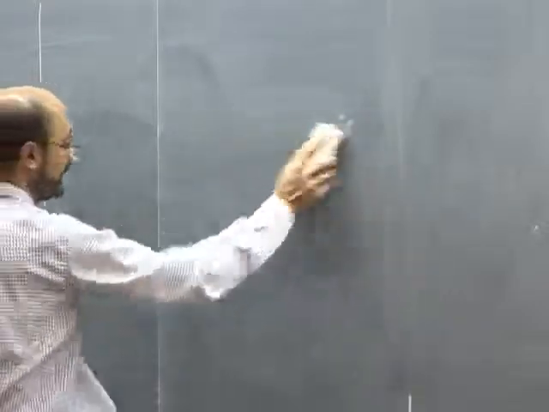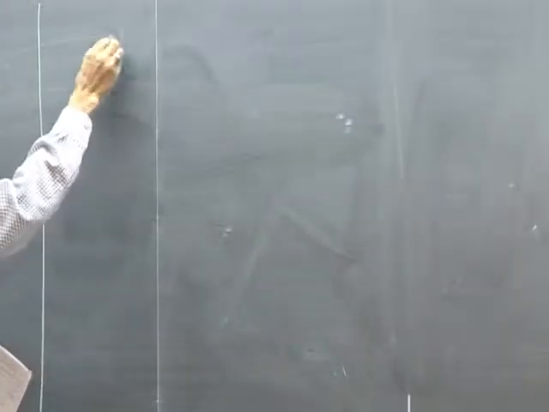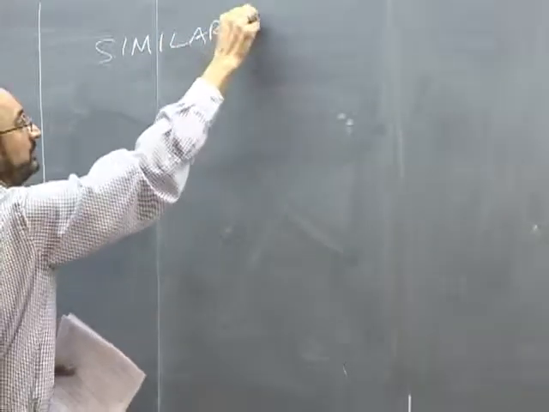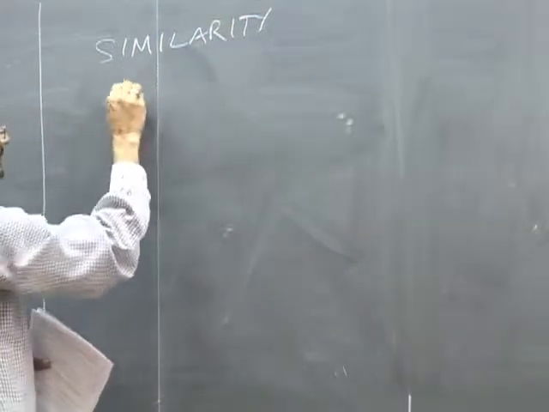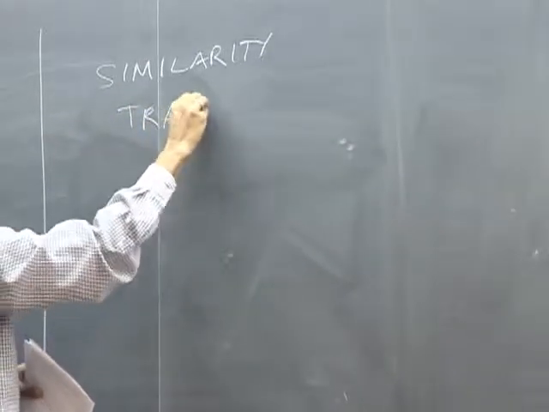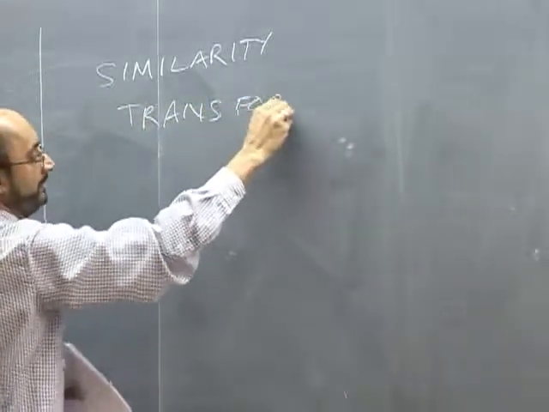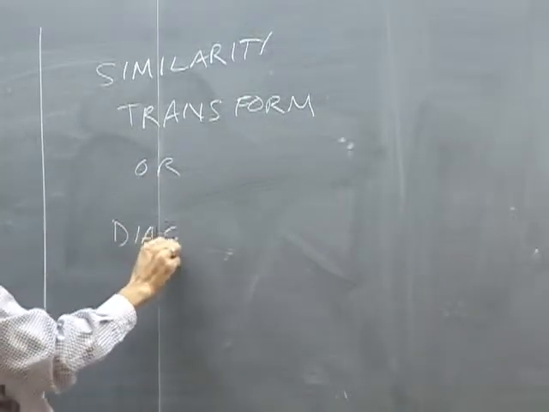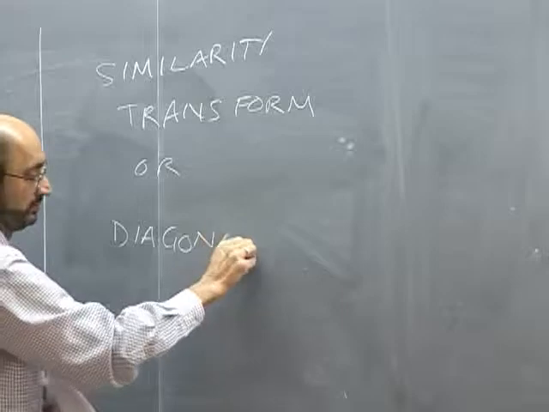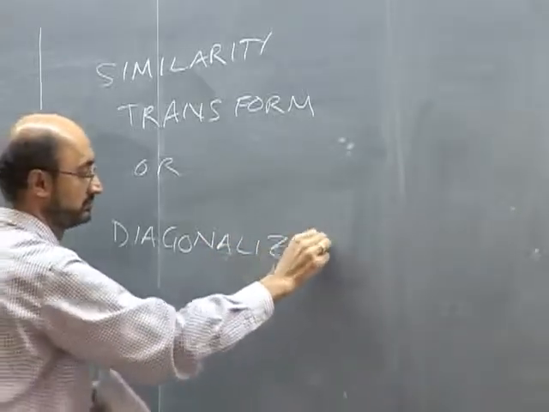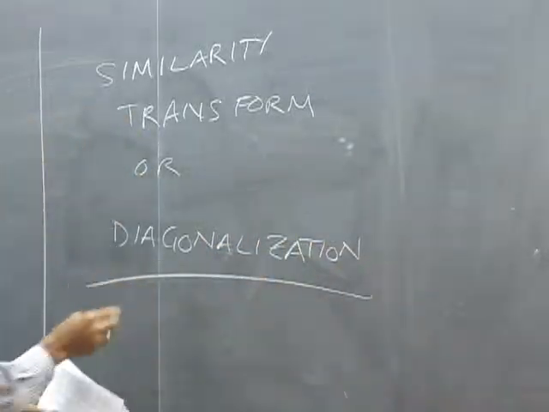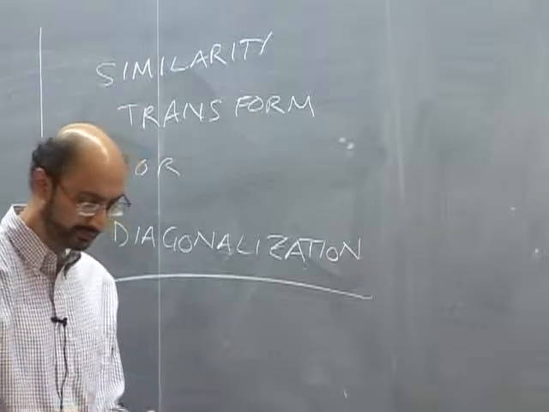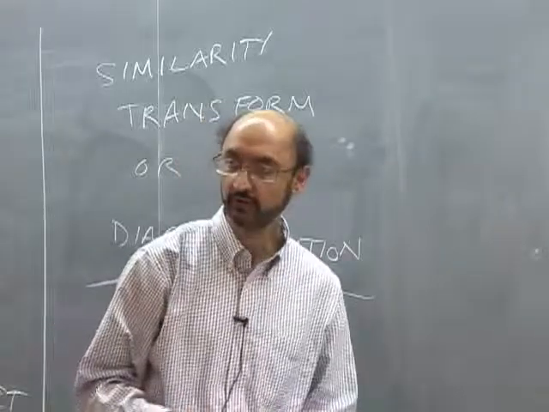So that's nice. But the other thing you can do, which I'm going to get into, and then we'll stop after that, is this notion of the similarity transformation, or it's also called diagonalization. I'll tell you what we do as a recipe, and why it works is beyond the scope of what I want to cover.